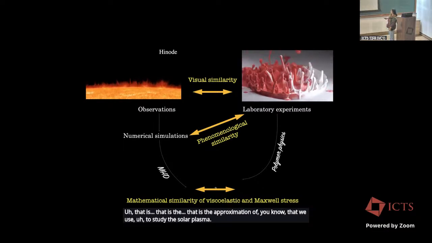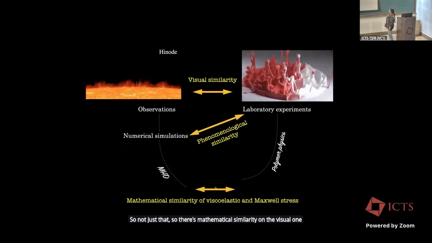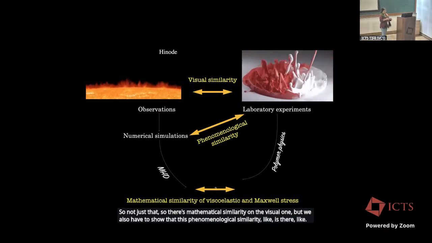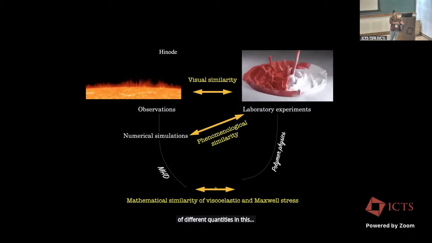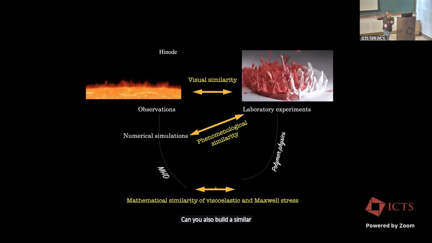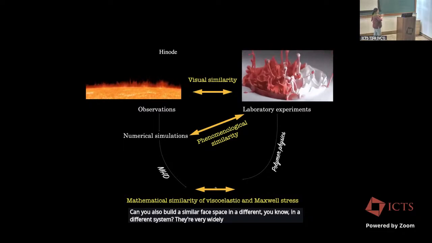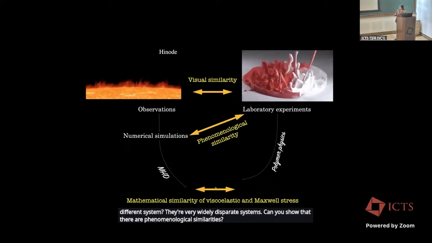So not just that, there's mathematical similarity and the visual one, but we also have to show that there's phenomenological similarity. Like, if you try to build a phase space of different quantities in this particular model, can you also build a similar phase space in a different system? They're very widely disparate systems. Can you show that there are phenomenological similarities? So this is what we tried to do.